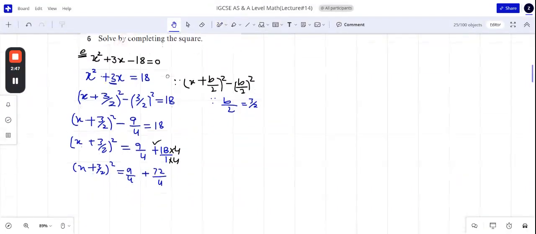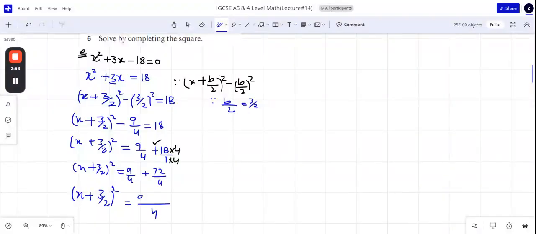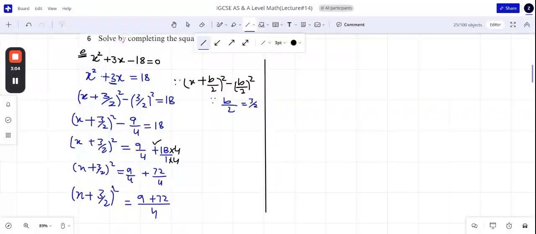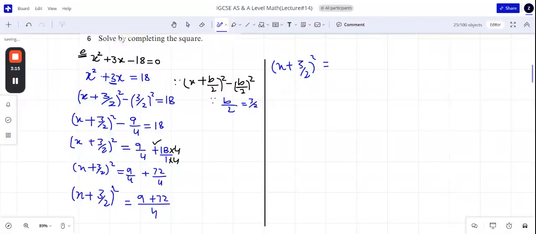So when we have the same denominator, now we can take the LCM. LCM is 4 here. So 4 is LCM. The top values we will write together, 72 plus 9. After that, we will keep the first value the same, x plus 3 by 2 whole square, but the second value would be 81 over 4.